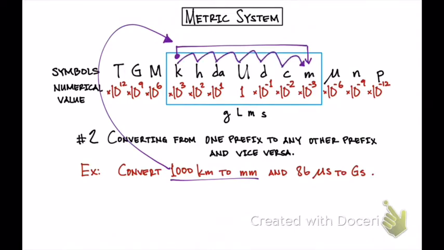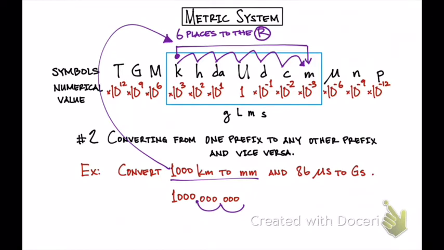So that means that we're going to move that decimal point 6 places to the right. Okay, so we have 1,000. We're going to move that decimal point 6 places to the right. So that's 3 and 6. And then just add 3 zeros per move here.